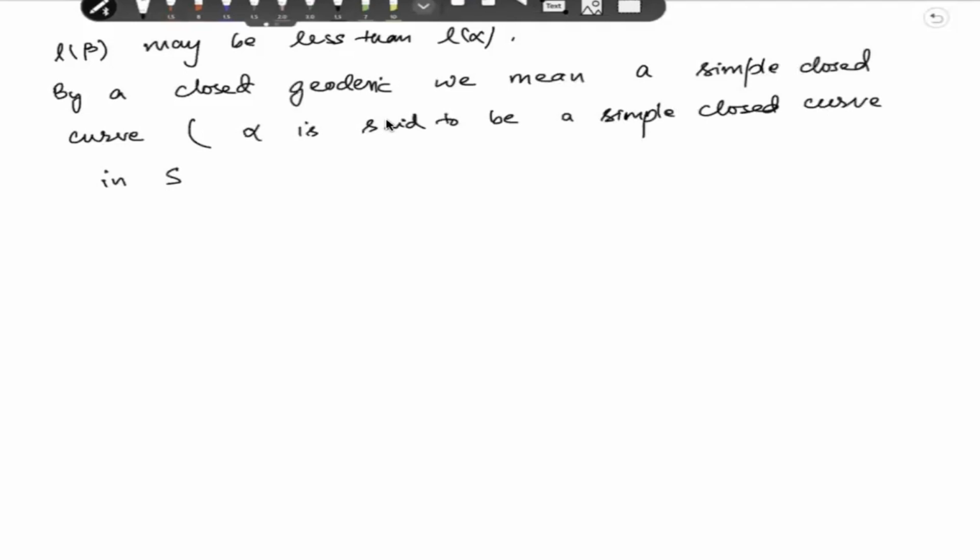Alpha is said to be a simple closed curve in a surface S if alpha is a map from the circle to the surface S such that alpha is injective.